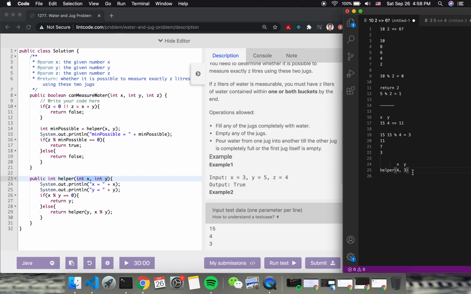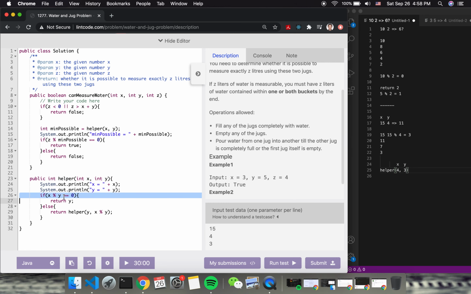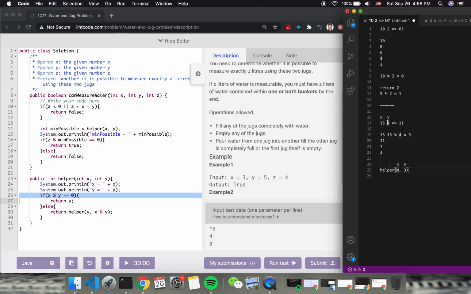Then we call this function again. Now we have the 4 and the 3, and since we can get this 3, we want to repeat the process to get the minimum volume. Before, I only had 15 and 4, and I could get a 3. Now I have 4 and 3, and from 4 and 3 we repeat the process.